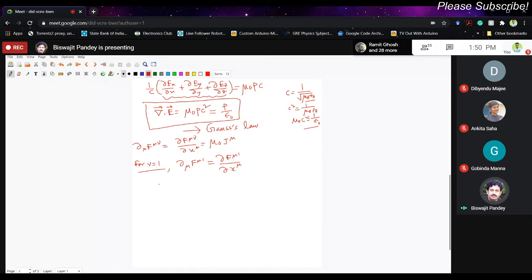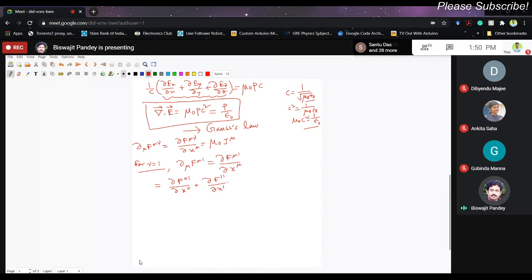So again it's a similar exercise. We shall write down del F01 del x0, be careful, then del F11 del x1, then del F21 del x2 plus del F31 del x3.